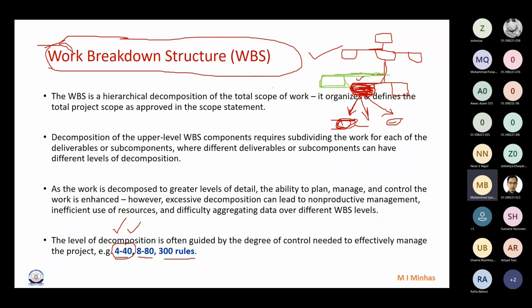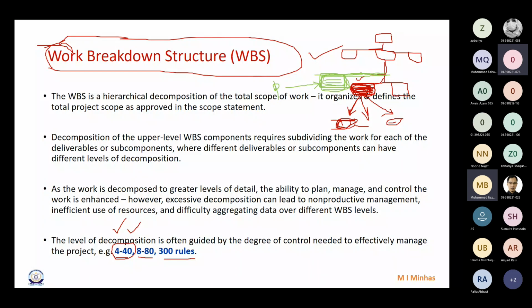That is the concept of, I hope you remember, progressive elaboration, and rolling wave planning. Based on that, we leave something at a planning package level. But once those details are obtained later in the project, we break it down again to the work package level. Is it clear?